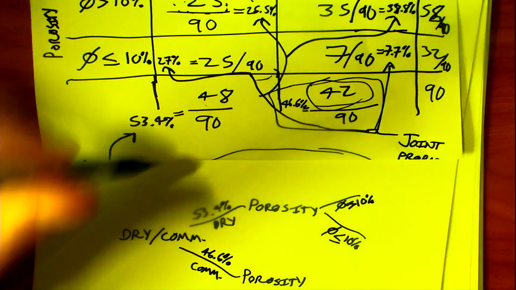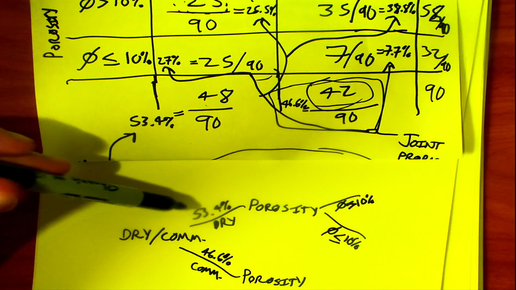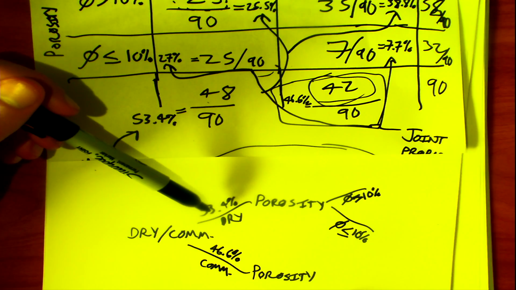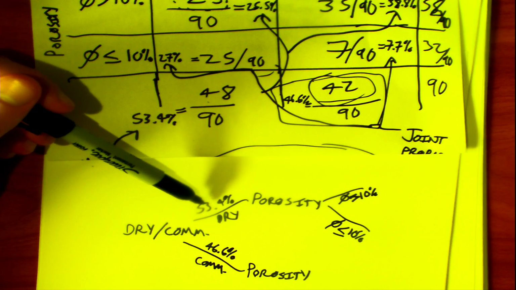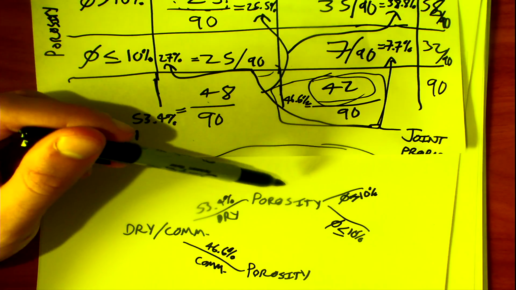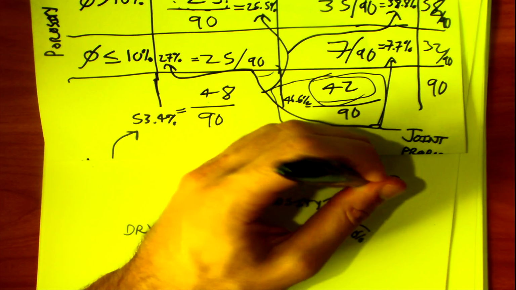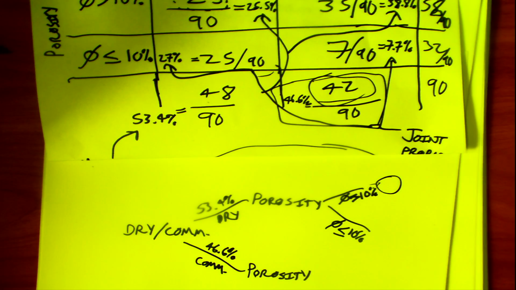So come back to the tree diagram here. If I'm looking at my branches and say, okay, I have a 52.4% chance of having a dry well, what's the probability of getting a well that's not only dry but also less than 10%?